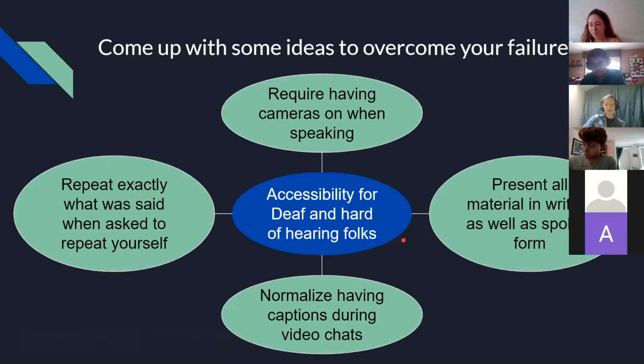Then for accessibility: if somebody asks you to repeat yourself, repeat exactly what was said, normalize having captions during video chats, present all material in written form as well as spoken form, and require cameras on when speaking. So whatever your problem is, make one of these mind maps.